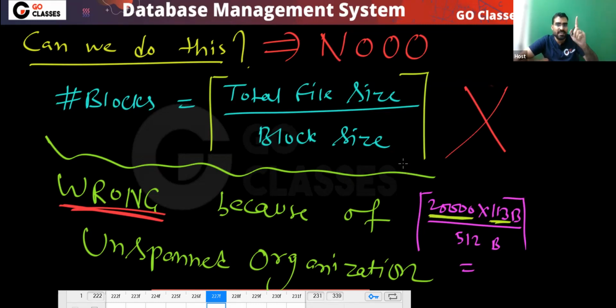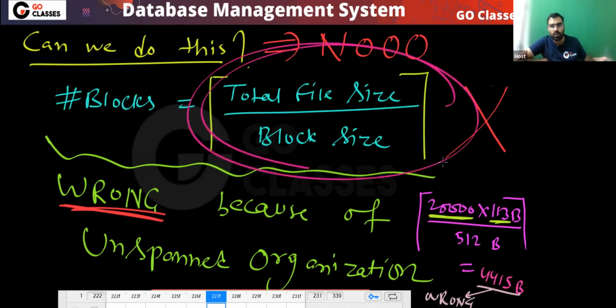Nikhil is saying, without calculating, that it will be less. Of course, it will be less. You will get a smaller number of blocks. You can calculate: 4415. Why is it less?